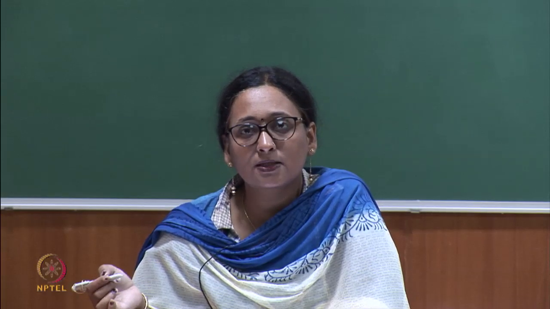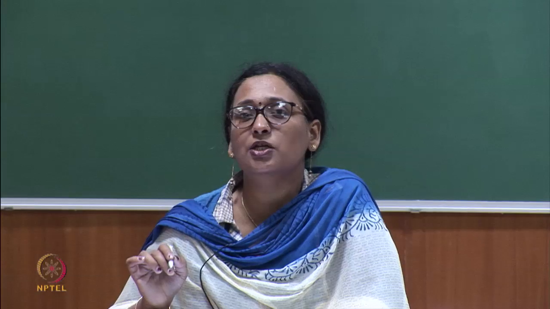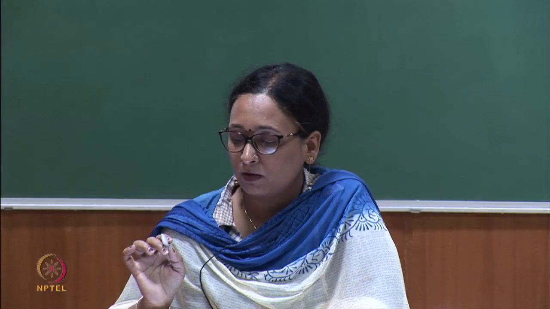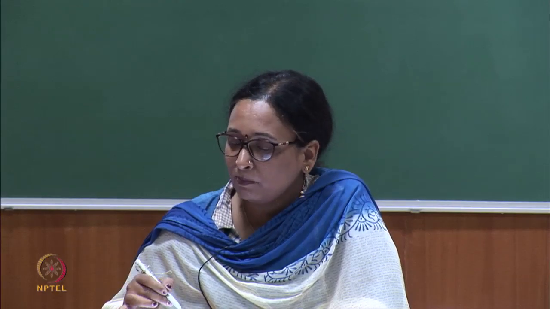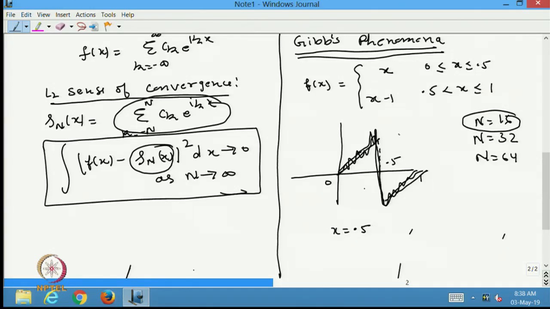Oscillations will be less for, let us say, n equal to 1000, 2000, but you will not be able to remove these oscillations at any cost. And why is this happening? Because of the non-smoothness, the discontinuity at x equal to 0.5.